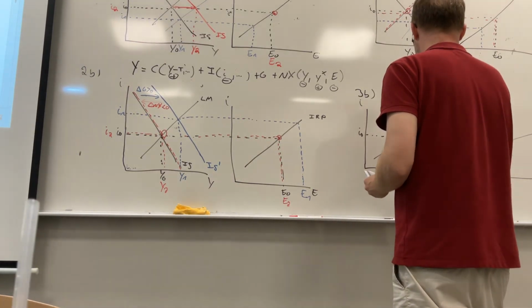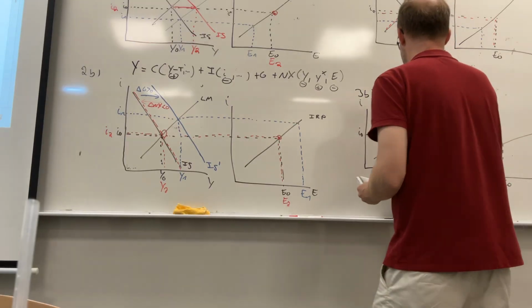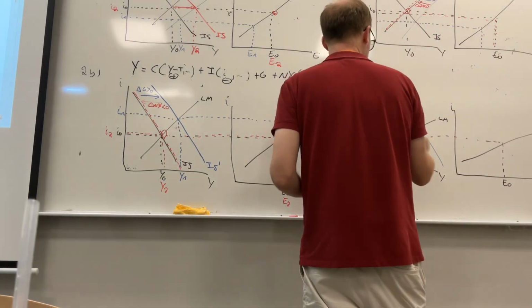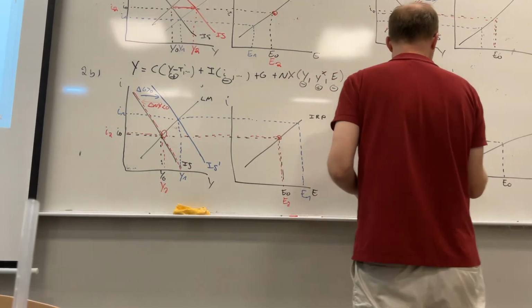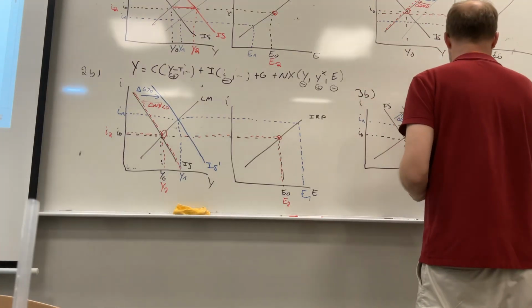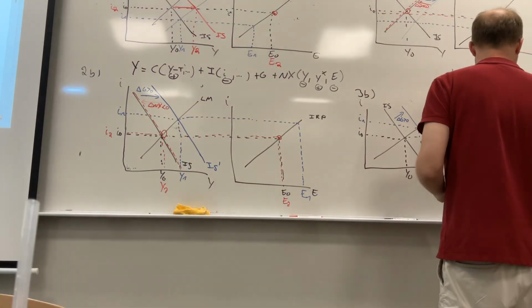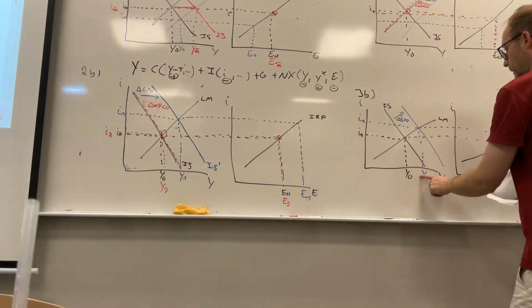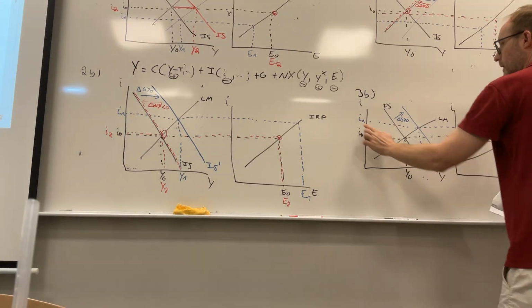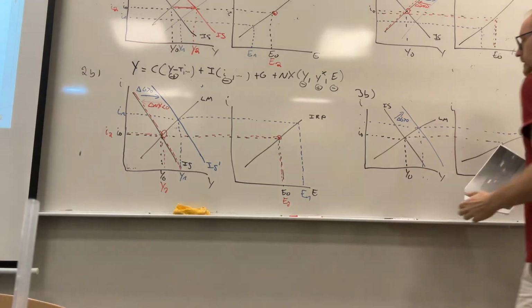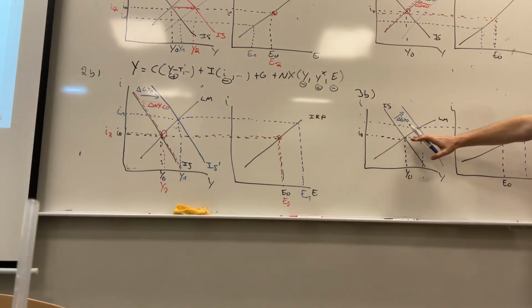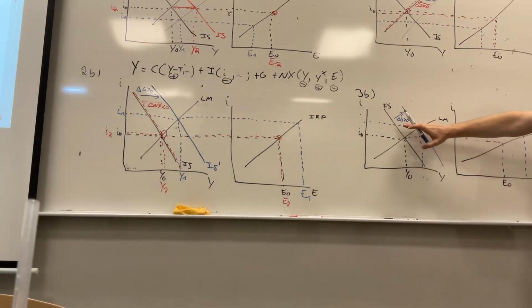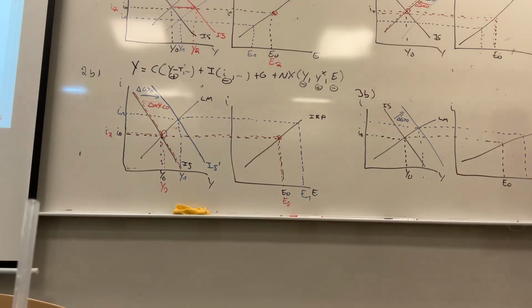Now, we have our expansionary fiscal policy. You see, this expansionary fiscal policy would tend to push the nominal interest rate up, which would tend to increase the exchange rate.